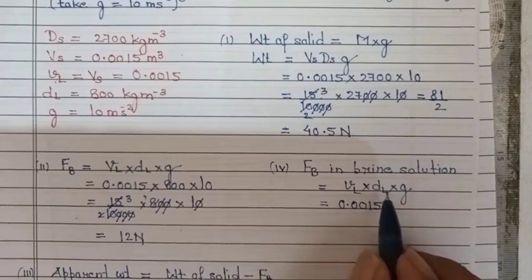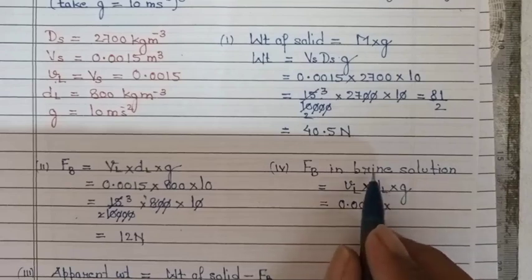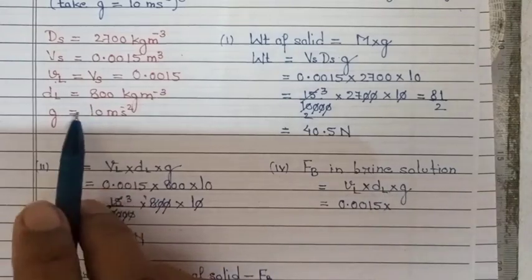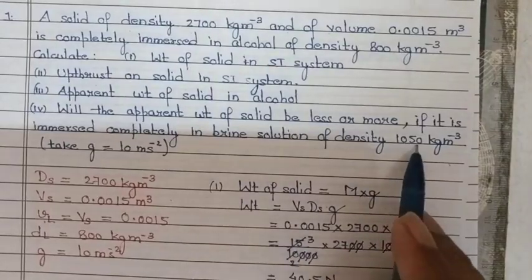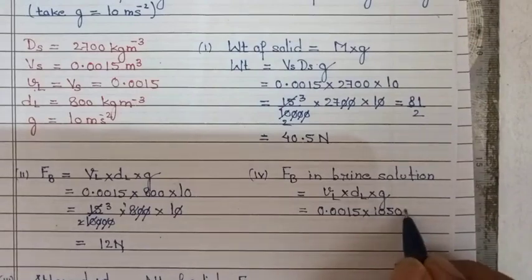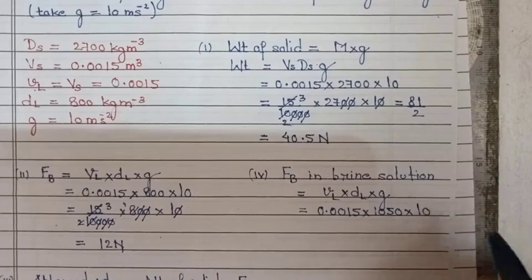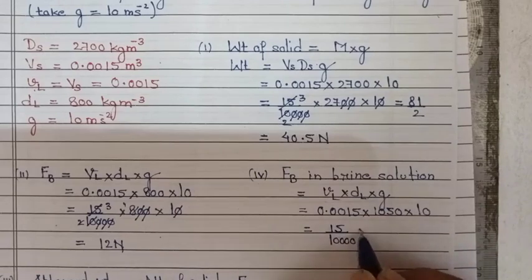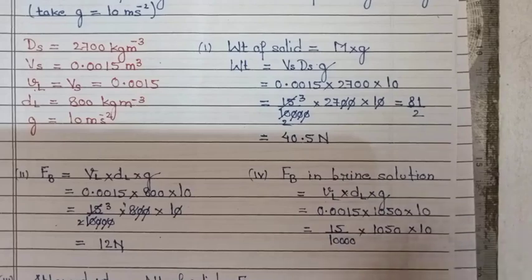Now we have changed the liquid. Now the liquid is brine. So we are going to take density of brine solution, and you can see the density of the brine solution given to you is 1050. So we are changing the liquid. So density has changed. Gravity is 10. So it will be 15 upon 10,000 into 1050 into 10.